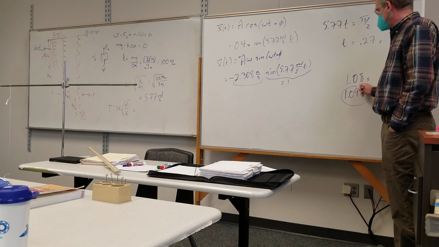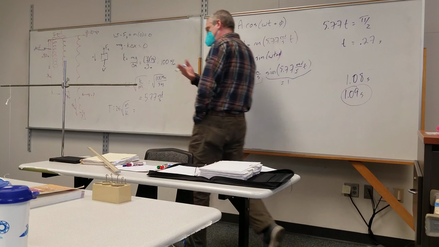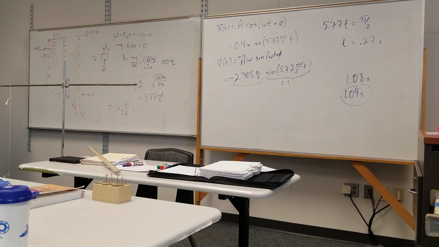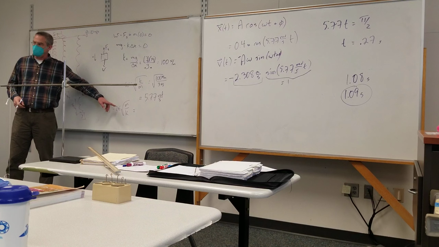All right. How can I get 1.08? There's a rounding off. How did I get that? Because I'm not doing that square root and pi in my head.